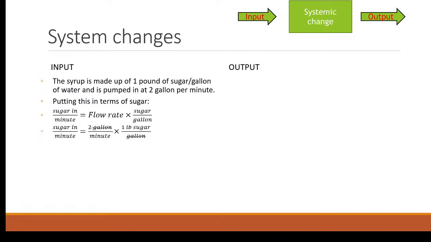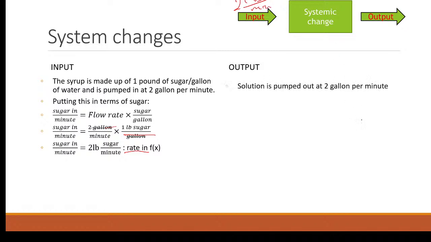So 2 gallons per minute times 1 pound of sugar per gallon, the gallons cancel, and that tells us there are 2 pounds of sugar for every minute. This is our rate of sugar going in: 2 pounds per minute.